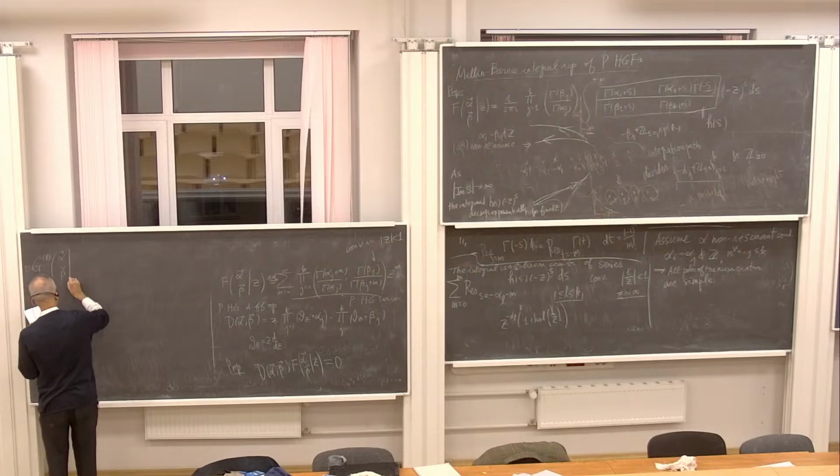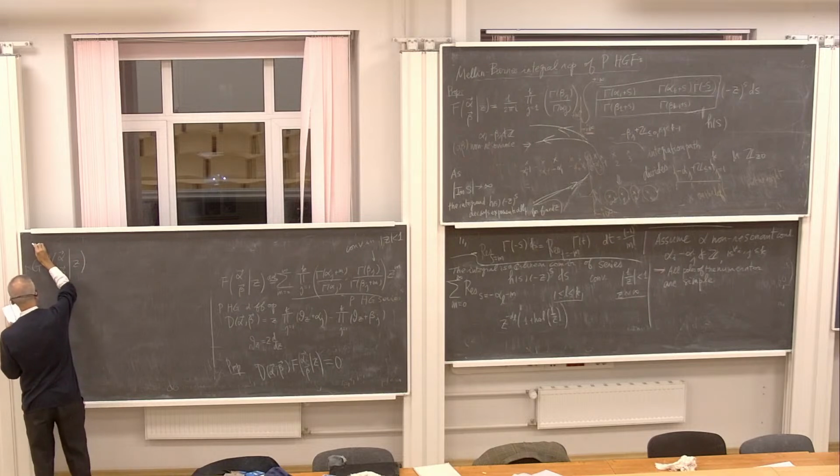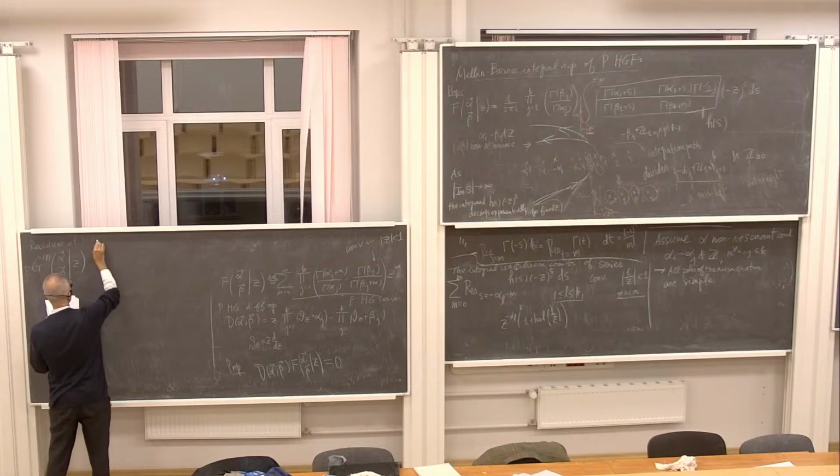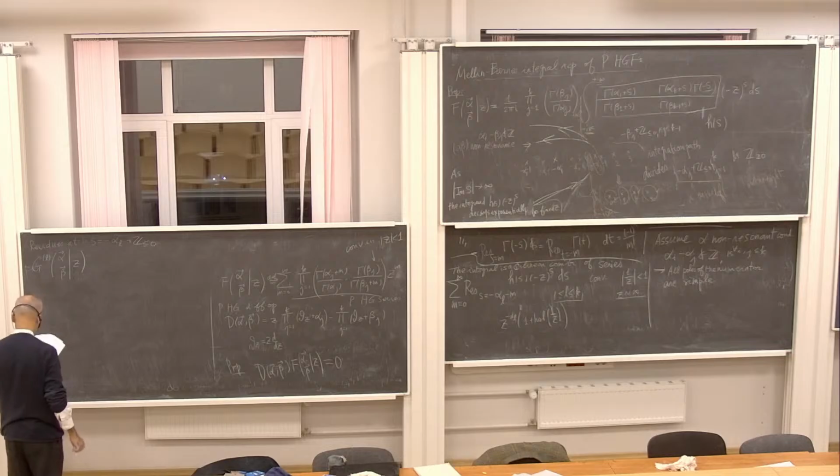I write the integral residues at s equals minus alpha l minus m, plus some negative integer, which can be written in the following manner.